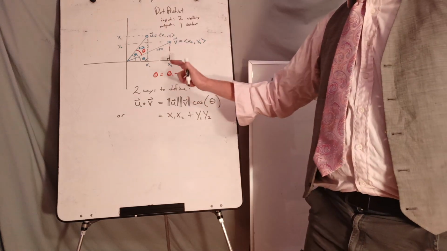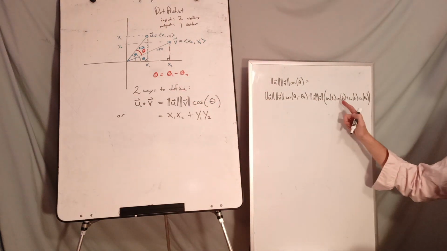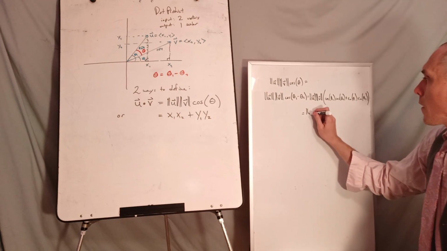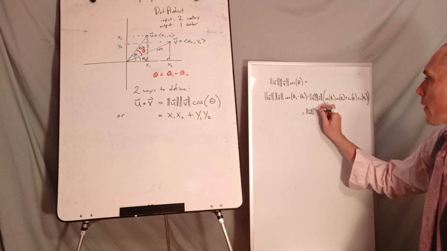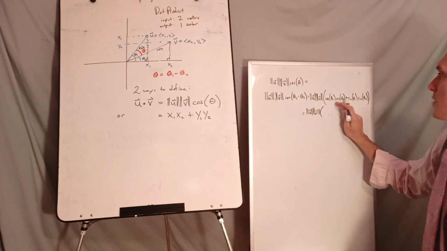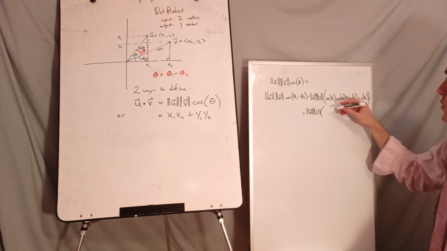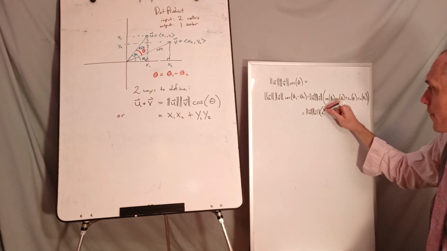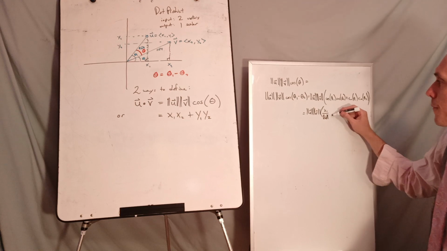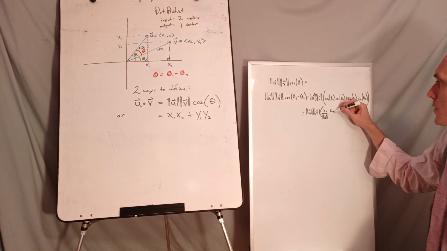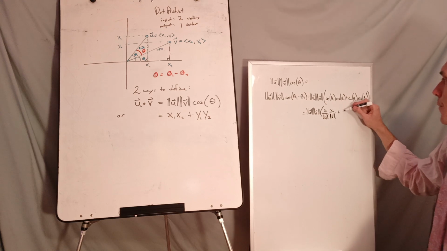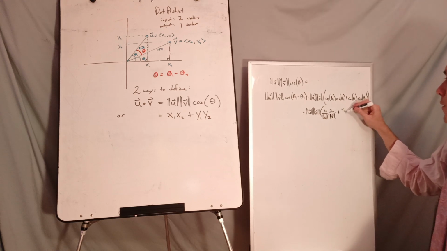And so the cosine of angle 1 is x1, the length of the adjacent side, divided by the magnitude, which is the magnitude of u, times x2, which is v, plus y1.